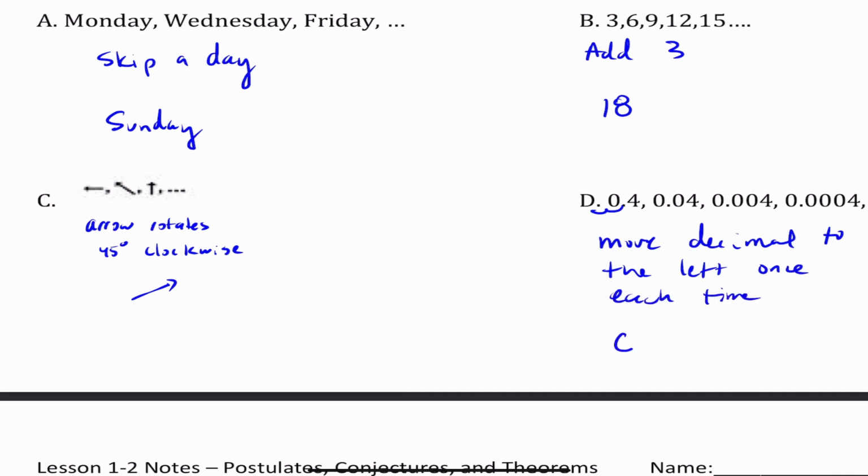So then that should be 0.00004. Okay. Or you can say divide by 10. So you take that number, divide by 10, and then write it for the next one. Whatever you produce, you're supposed to write it for the next term. So divide by 10. Okay.